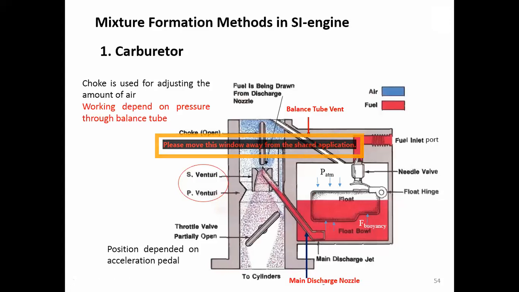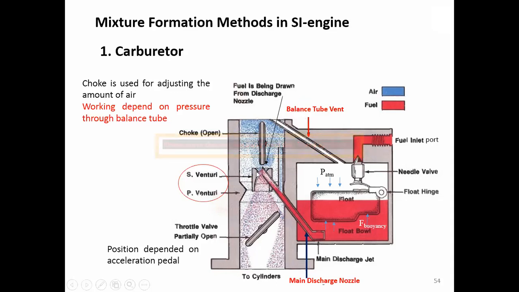Okay, so let's see how we can prepare the mixture in SI engines. The first method is by using a carburetor. In some old engines, you can see the carburetor. The carburetor is a very simple mechanical and very reliable device because it runs without the need to provide power.